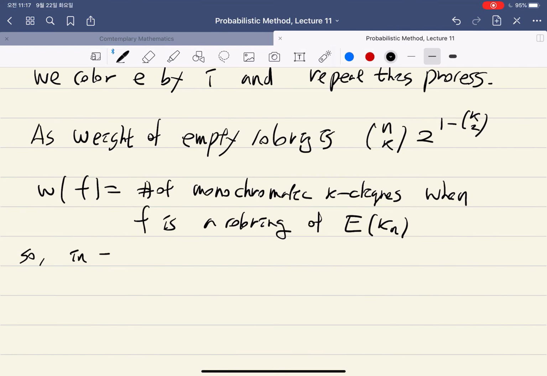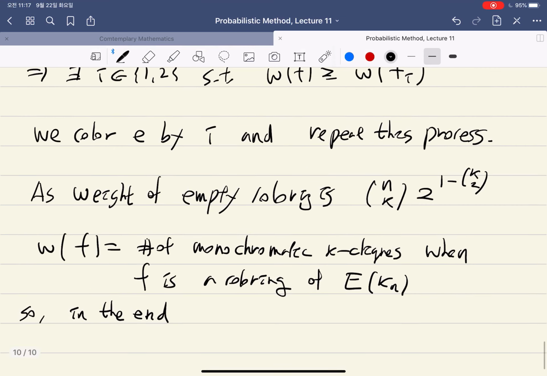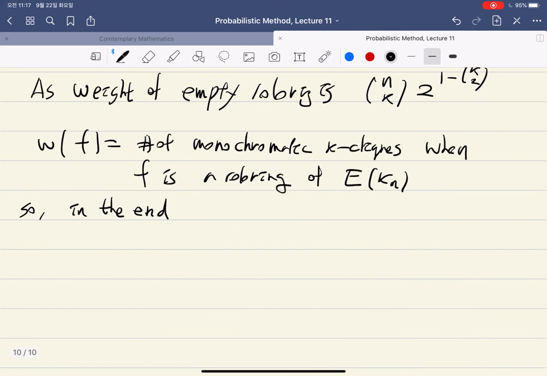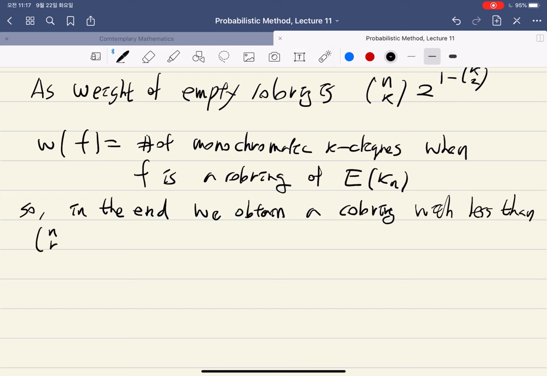So in the end, because of this choice of ours, we obtain a coloring with less than this many K-cliques.